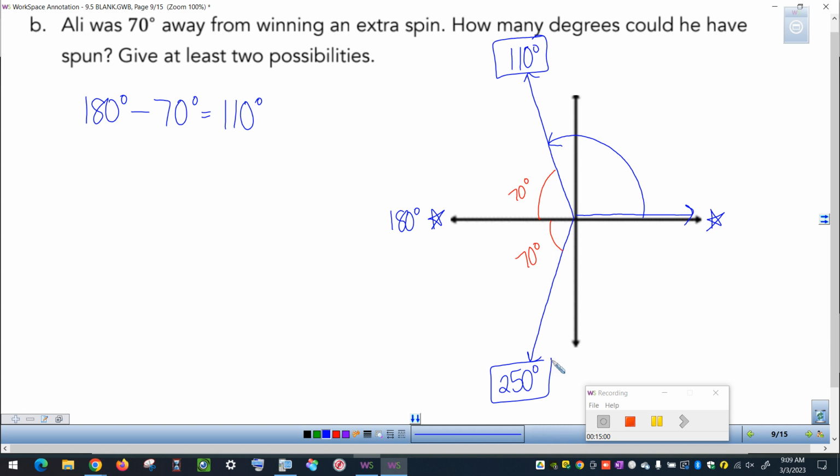It could also have happened over here in the third quadrant. That's another way that it could have been 70 away from an extra spin, because it could have been getting to the x-axis on the other side. This is going to be a measure of 290.